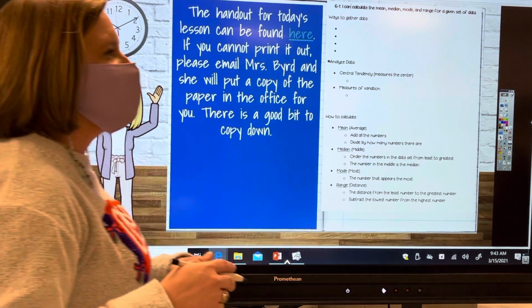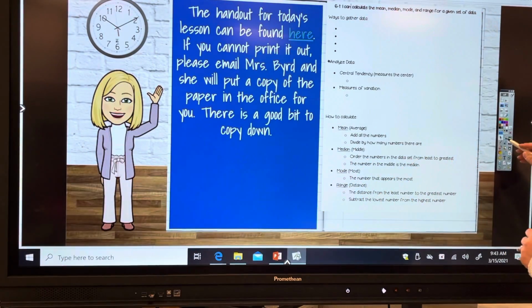One way is, let's say that I want to find out the temperature of Myrtle Beach, South Carolina on March 15th for the last 10 years. Then what do I need to do? The high temperature on March 15th for the last 10 years. What am I going to have to do? Find data. How do I do that? You research it.